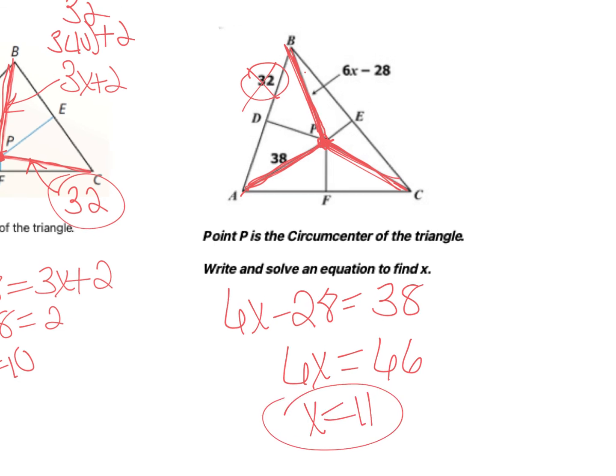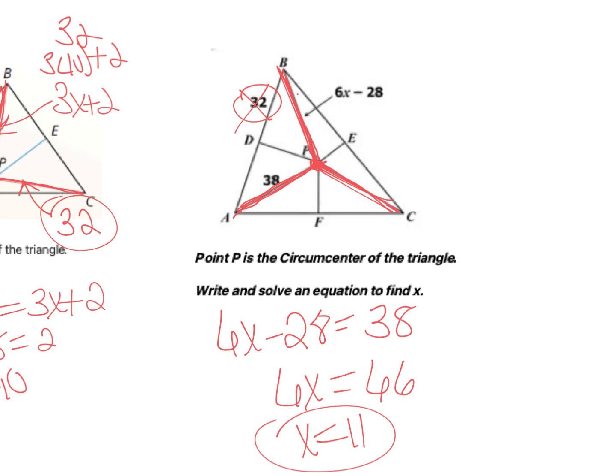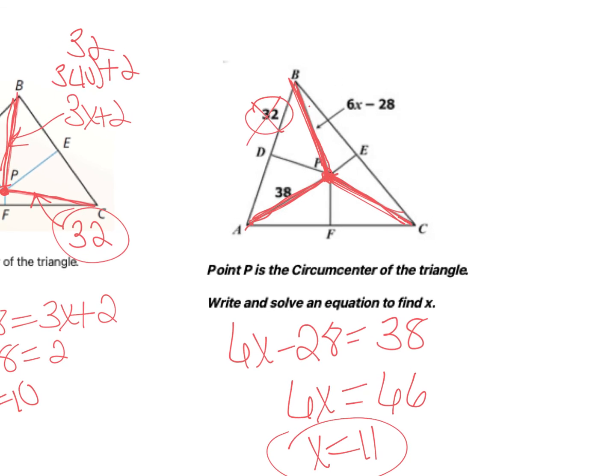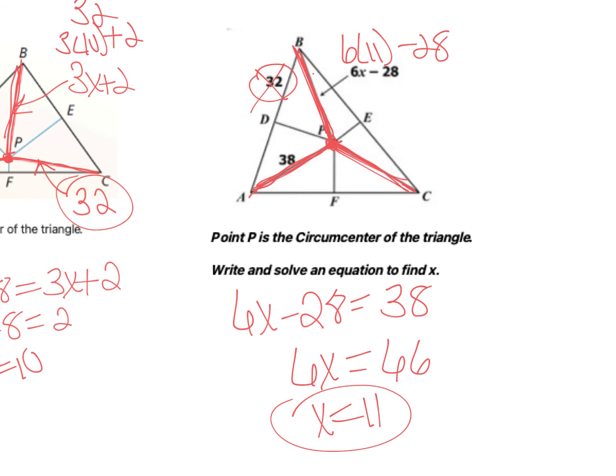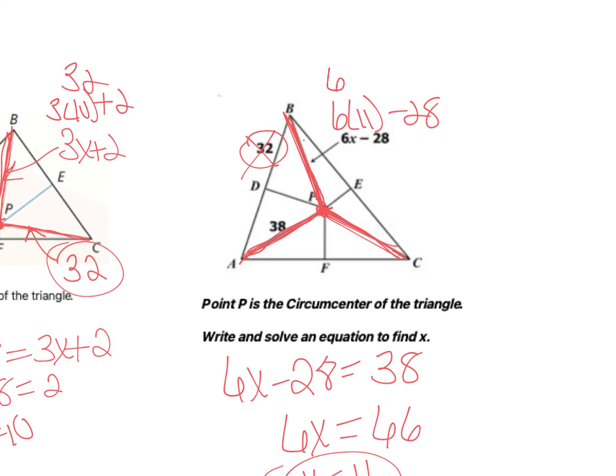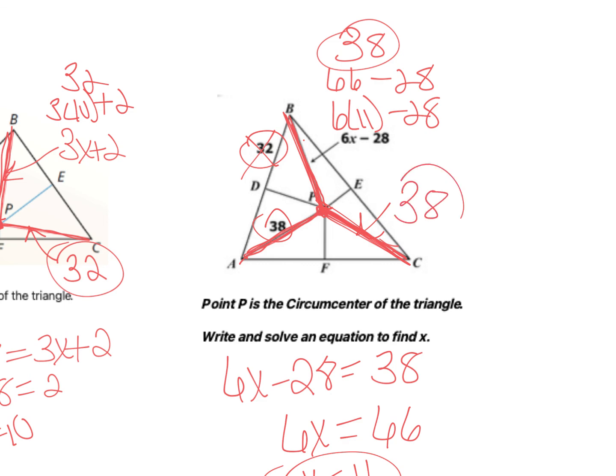Then we go back and ask, what are the lengths of each of these segments from the circumcenter to the corner? x is 11, so 6 times 11 minus 28. 6 times 11 is 66, minus 28 is going to be 38. And that also means that PC, this length here, is also going to be 38.